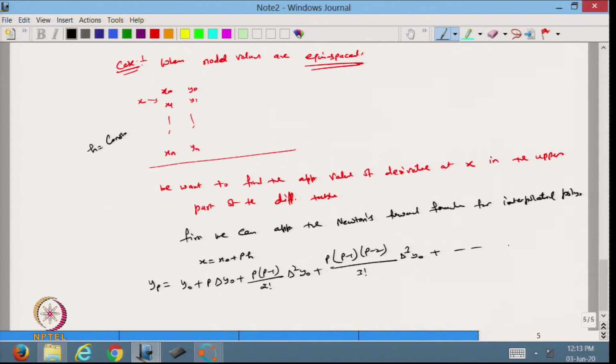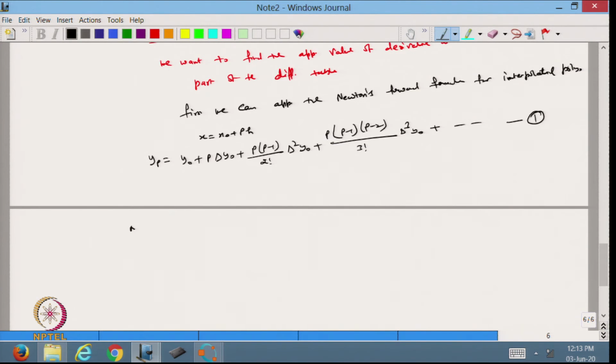So, this is my interpolating polynomial. Now I can write p as (x minus x0) by h, right.